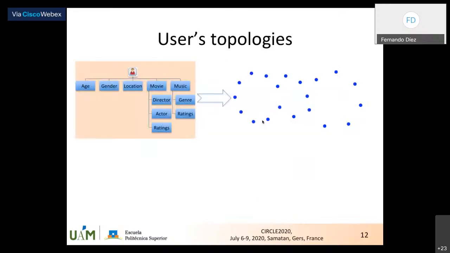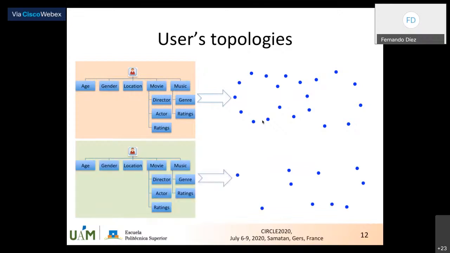We use the information of the user profile to generate a cloud of points that describes him or her. Here we have a user with a cloud of points. Here we have a new user with a different cloud of points that characterizes him or her.